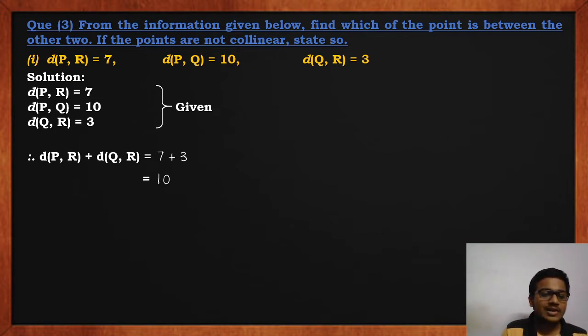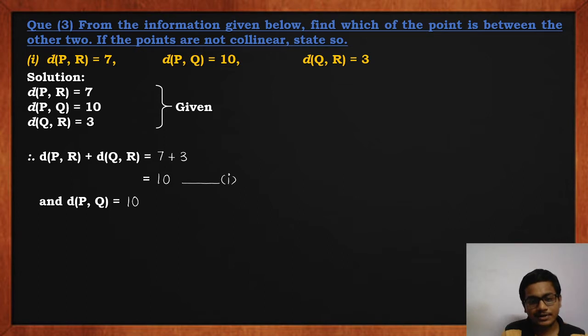Now, you will have to compare the addition of the remaining two distances with the value of the bigger distance. In this case, the largest distance is distance PQ and distance PQ's value is also 10. So we'll mark this statement as number 1. We'll mark this statement as number 2.